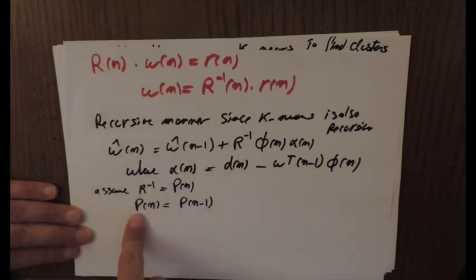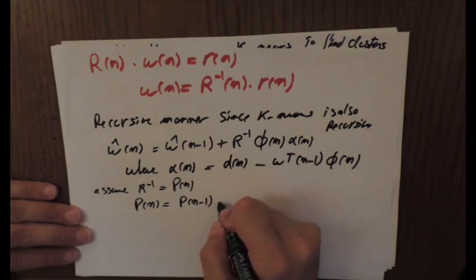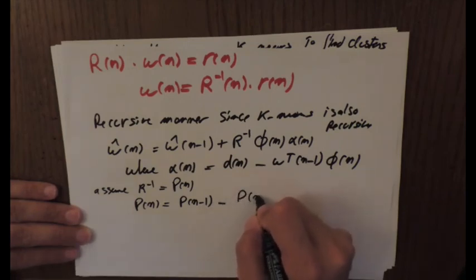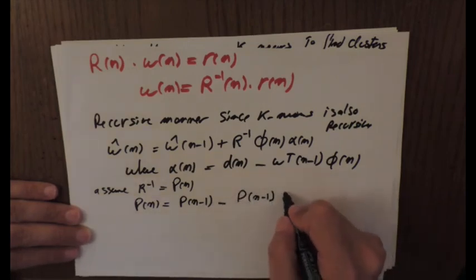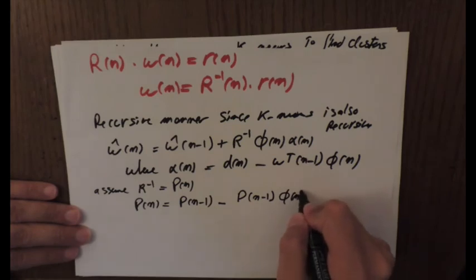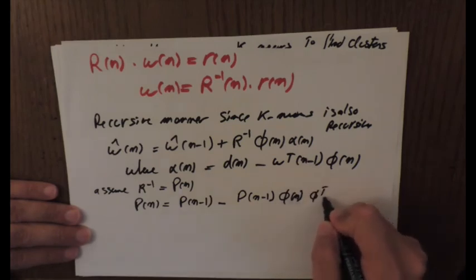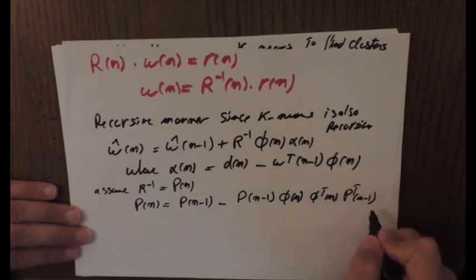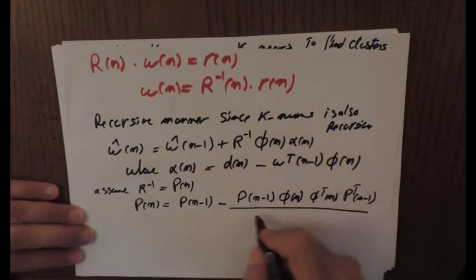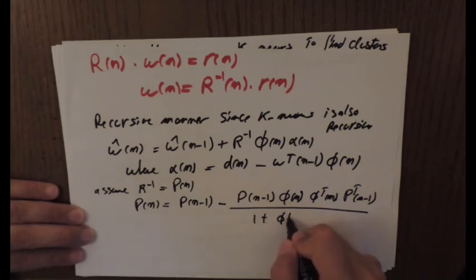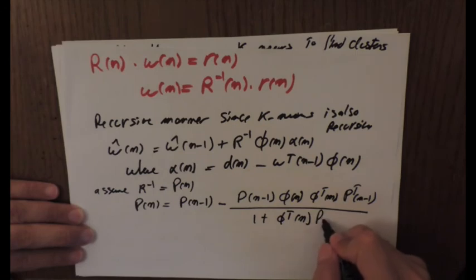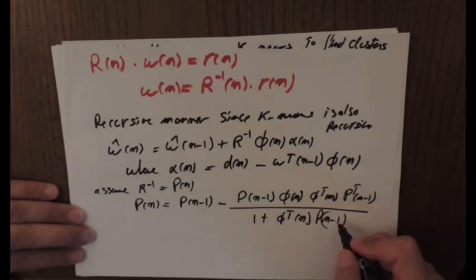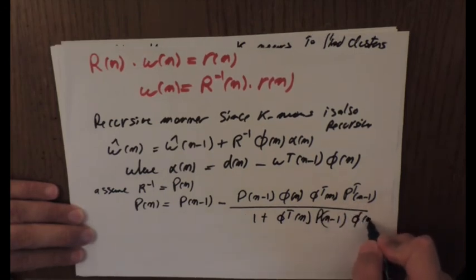This is the RLS algorithm, which is the recursive least squares, minus P of n minus 1 phi of n phi transpose of n P transpose of n minus 1, over 1 plus phi transpose of n P of n minus 1 phi of n.